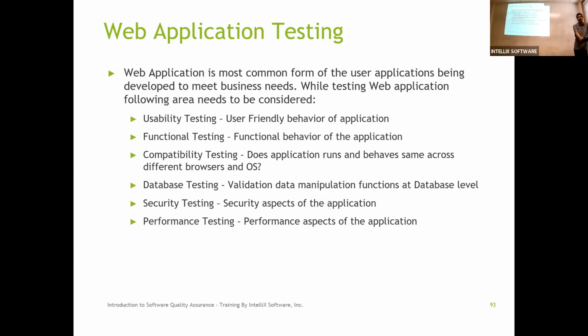Or when you see it in the browser, there is a lock right next to the URL, which says that it's secure traffic. You need to test all of that. If I'm sending a social security number from my browser to the backend system, is that connection secure? Is it encrypted? All of those aspects are security testing, and you need to test to make sure the communication is going over secure connectivity.